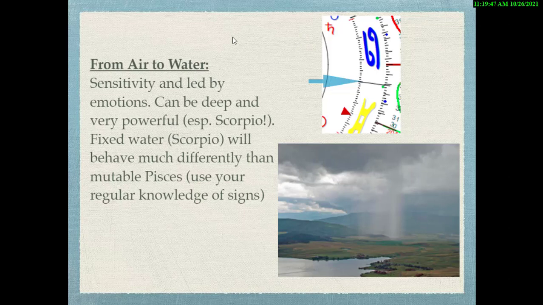From air to water, we're led by sensitivity and led by our emotions. So it can be deep and very powerful. For example, fixed water Scorpio will behave much differently than the mutable orientations that you're aware of. So use your regular knowledge of signs, okay? Any of the fixed signs, we are absolutely going to be relating to these holding-on patterns, and we're going to be pulling in the actual qualities of the signs themselves.